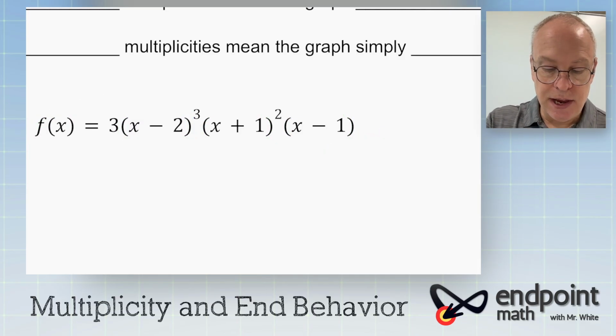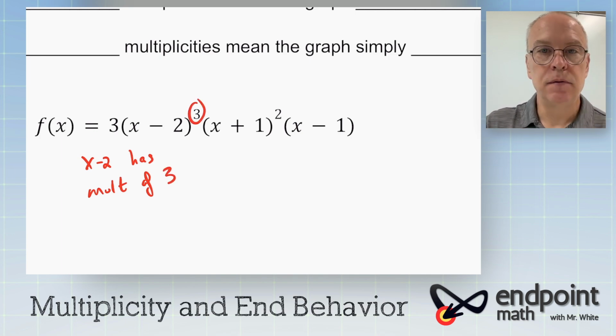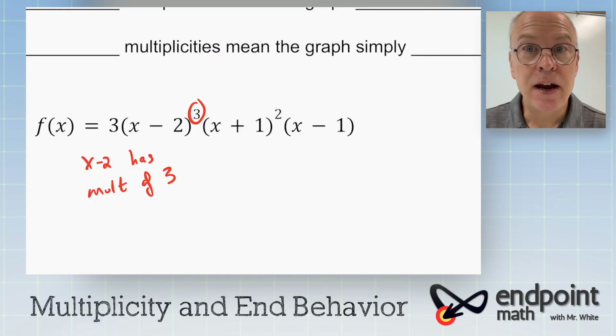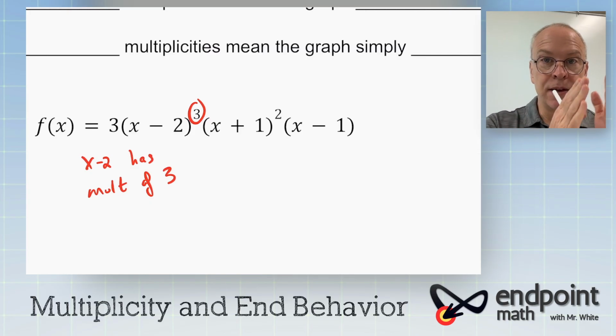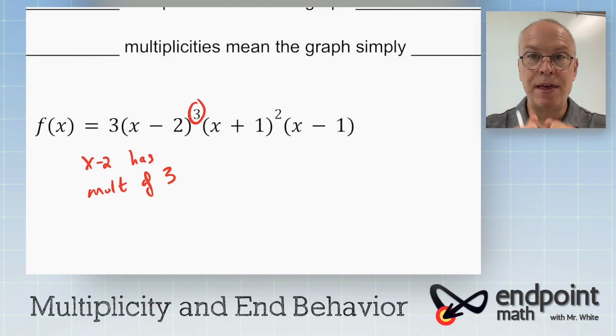So let's write this down. x minus 2 has multiplicity of 3 right here. It's there 3 times, right? Like x to the third is x times x times x, 3 of them. So that x minus 2 factor is there 3 times.